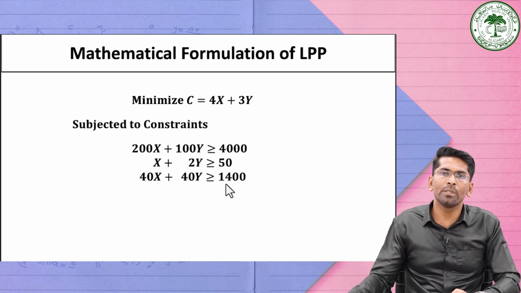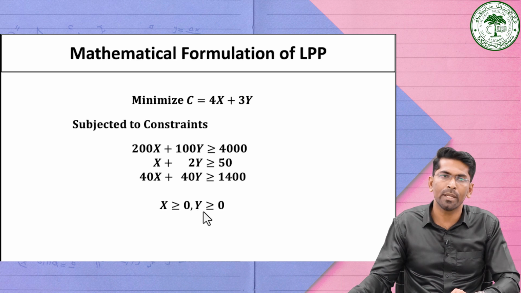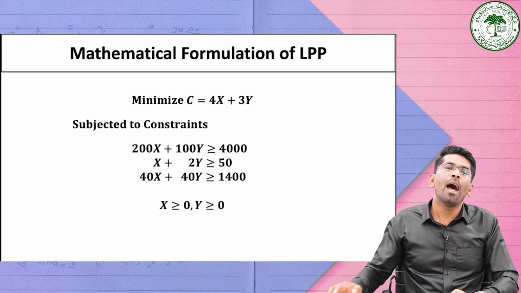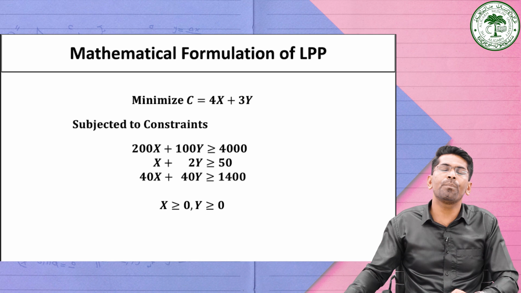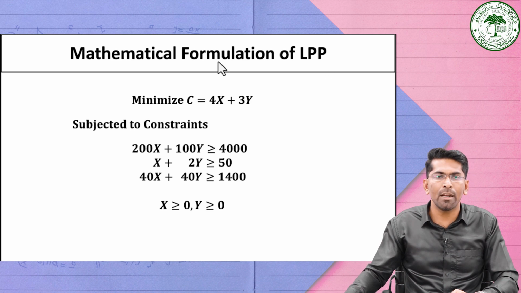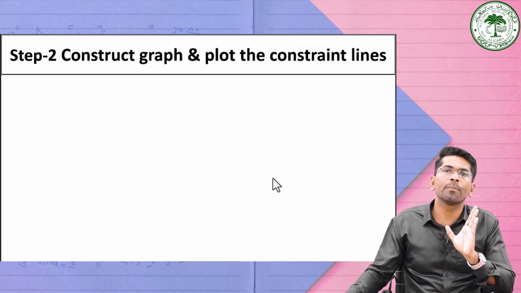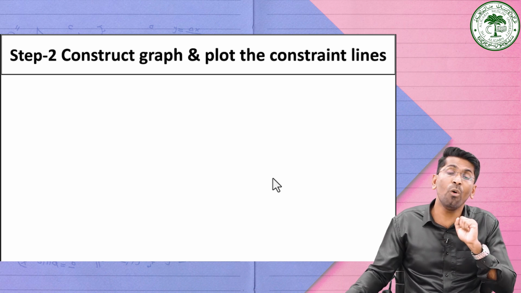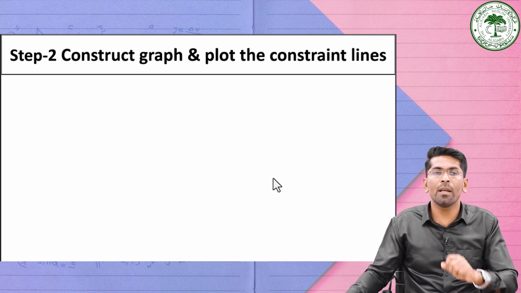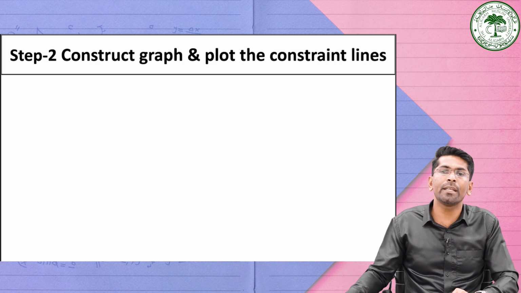And of course, x is greater than or equal to 0 and y is also greater than or equal to 0. Now, after the formulation of the linear programming problem in mathematical format as given here, we are going to sketch these constraints in the graph. How are we going to do that? First, we are going to construct a graph.